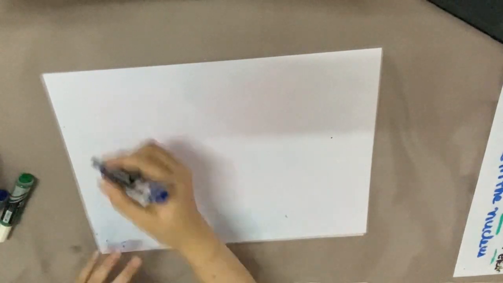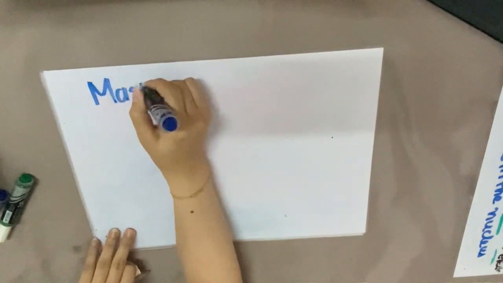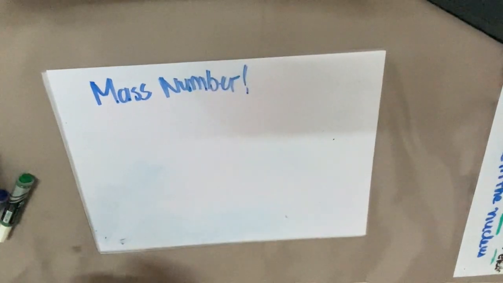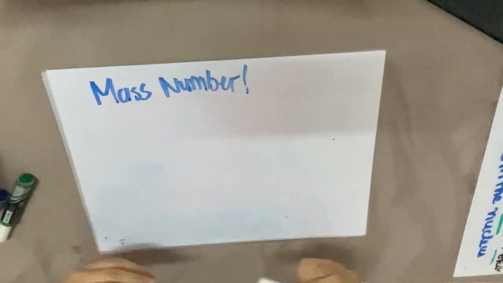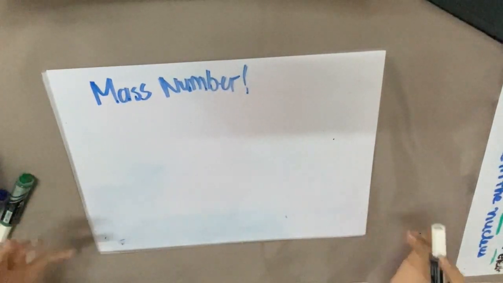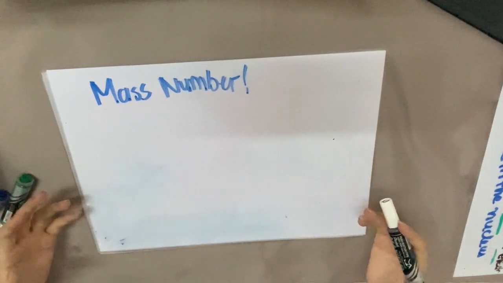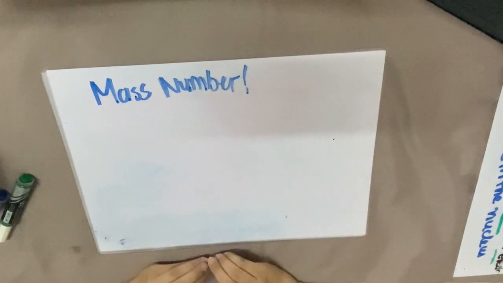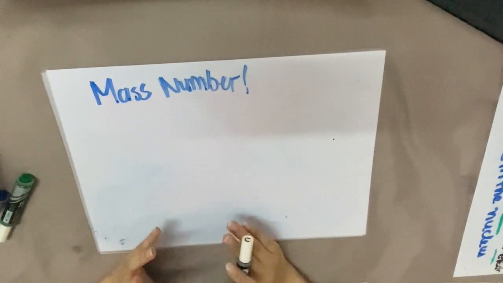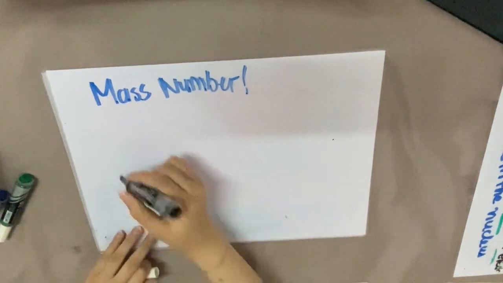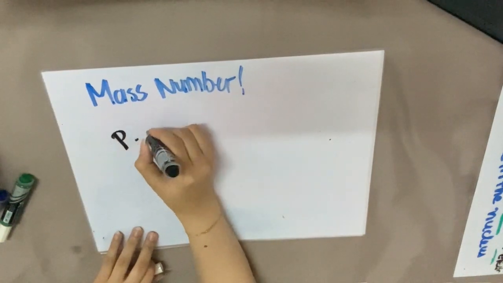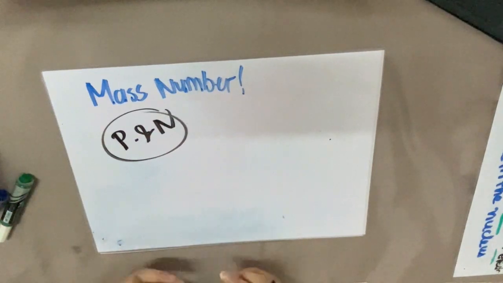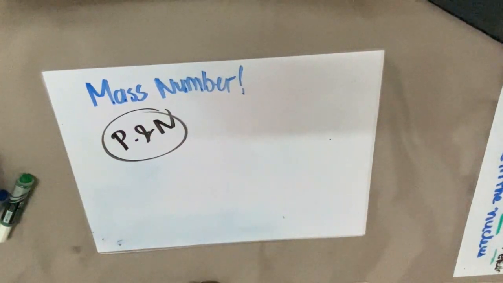Let's move on to the mass number. What is the mass number? Think about it for a second. What part of an atom is the heaviest or with the highest mass? Well, most of the mass is concentrated in the nucleus of an atom, as both protons and neutrons are in the nucleus of an atom. So it is technically the heaviest part of an atom.